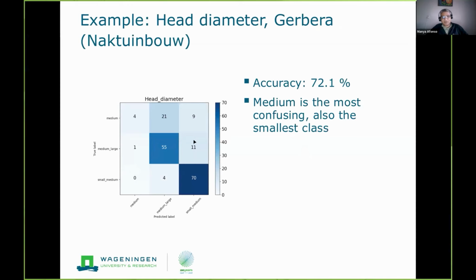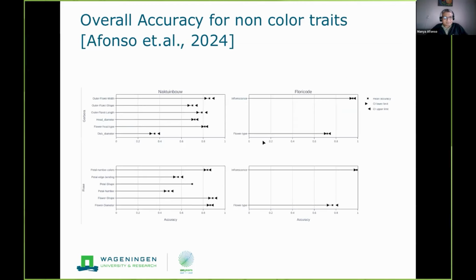Here's an example of a difficult trait, that is the diameter of the gerbera head. So in this case, there's some confusion between the medium and the medium large, but that's to be expected because again, while defining the data set, there needs to be a clear-cut criteria for the annotation.